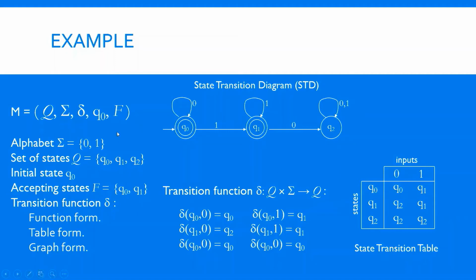Q0 reading 1, it says go to Q1, so you write Q1. Q1 reading 0 says Q2, Q1 reading 1 is Q1. Similarly, Q2 reading 0 and 1 goes to Q2. Either 0 or 1, both go to Q2. So these are the 3 different representations of a finite automaton.